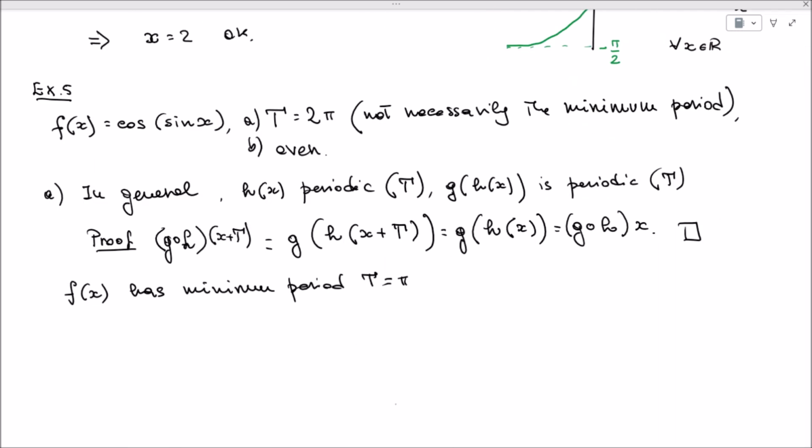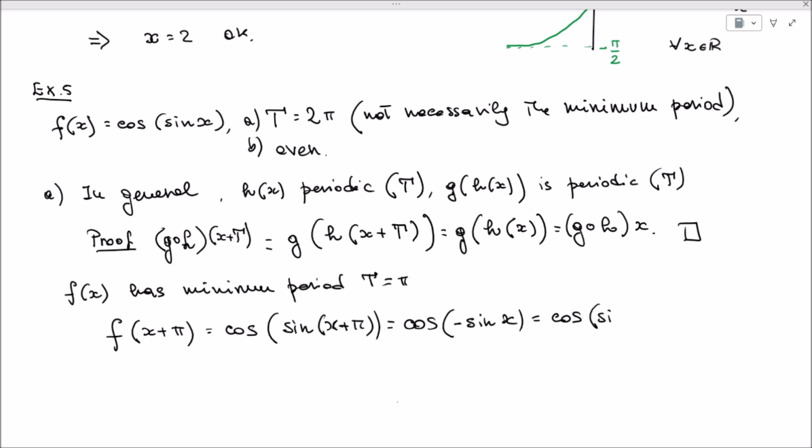In fact, we say that f of x plus pi is equal to the cosine of sine of x plus pi, which is cosine of minus sine of x. But because cosine is an even function, we know that this is just equal to the cosine of sine of x, which is exactly f of x. So this proves that pi is the period of this compound function.